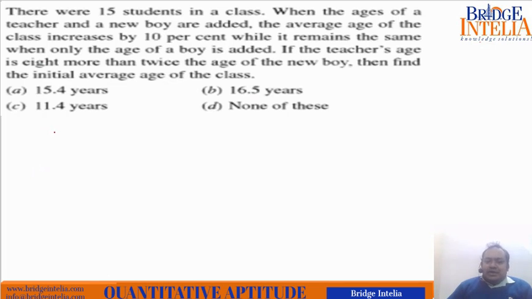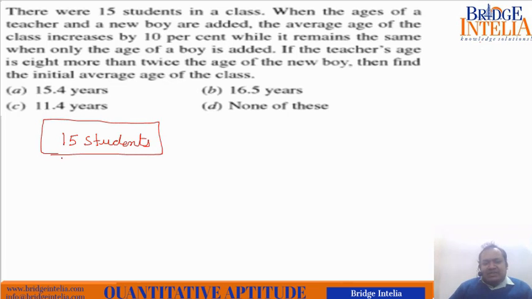Now see, originally there were 15 students in a class. Let's suppose that the average age of these 15 students was originally equal to x years. Then what happened?